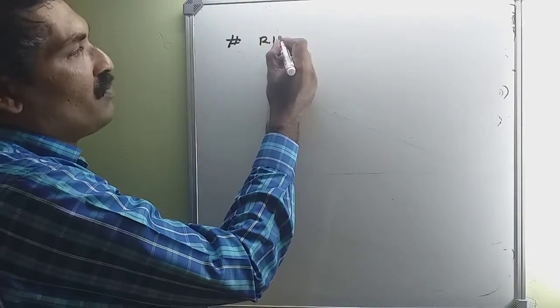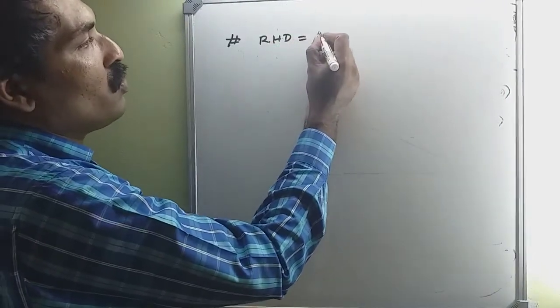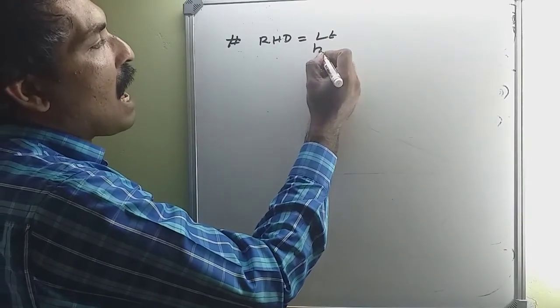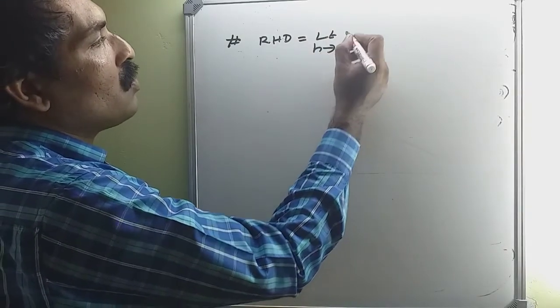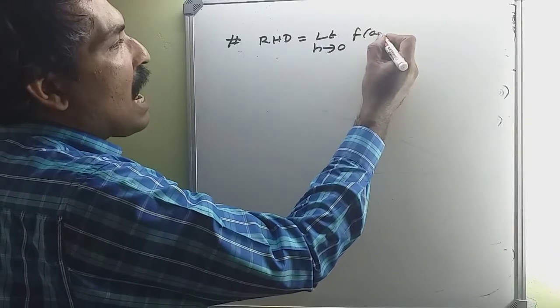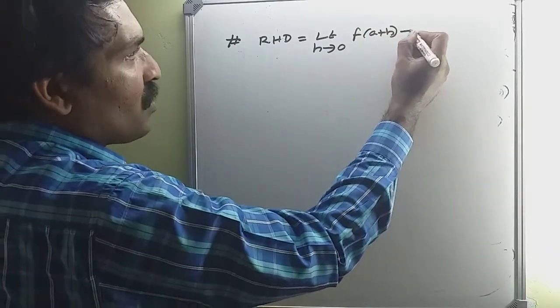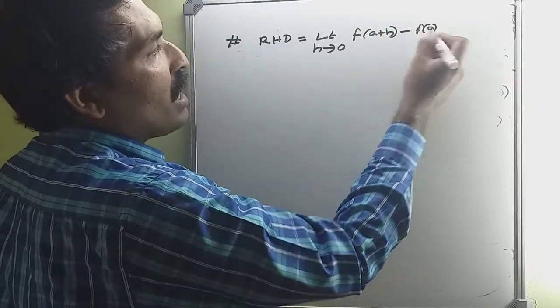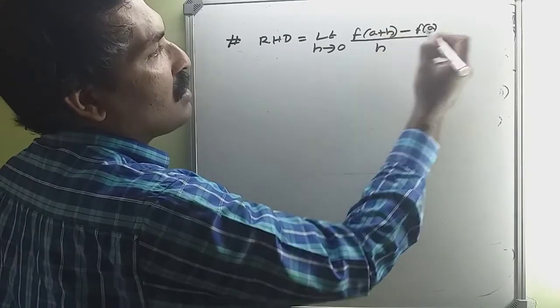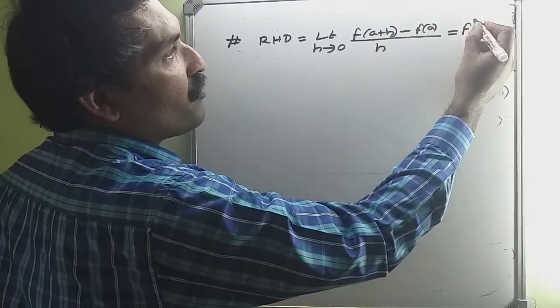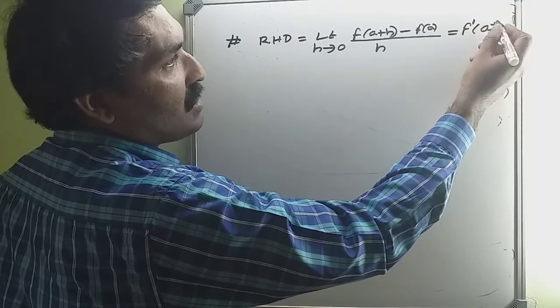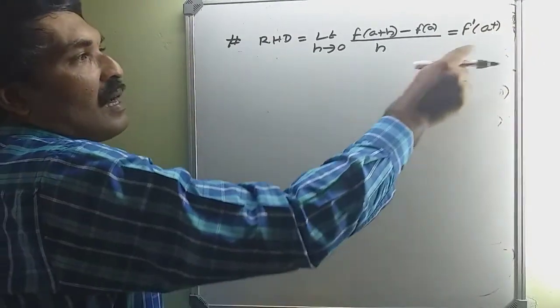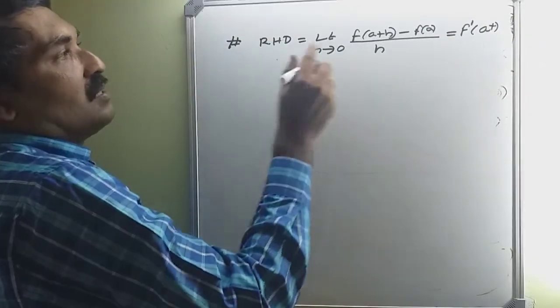The right hand derivative, RHD, is equal to limit h tends to 0 f of a plus h minus f of a divided by h. This is denoted by f dash a plus, that is, we are moving from the right hand side.